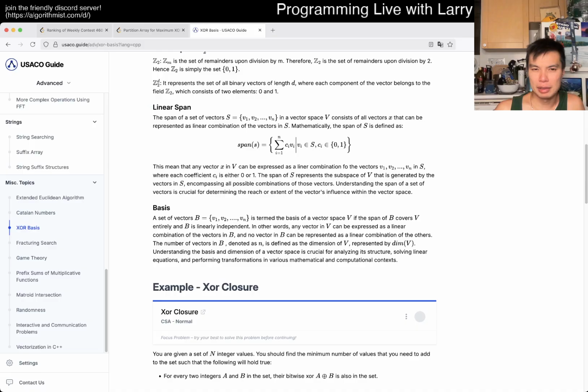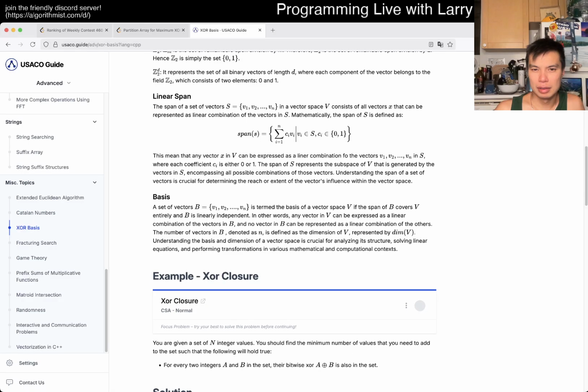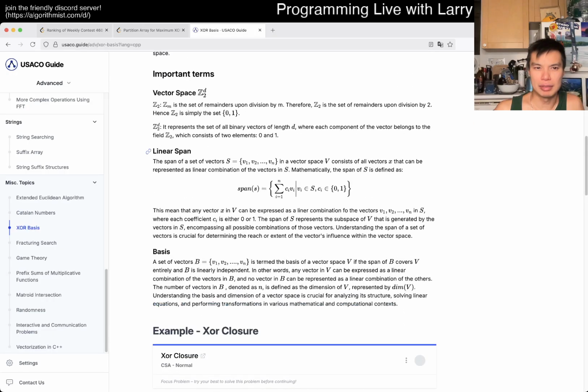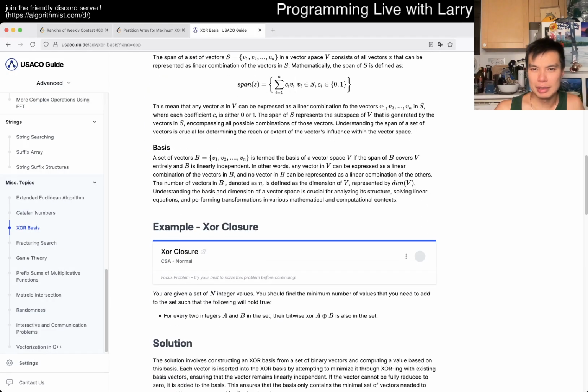Linear span is just, okay, these are just definitions, I guess. Basis, this is just linear algebra things, right? It's just the number of dimensions.